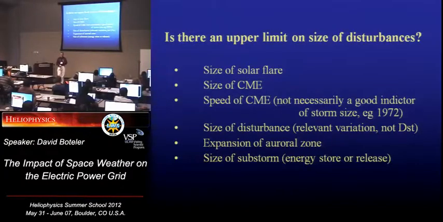And then a couple of years after the event, I saw some reports that a second storm sudden commencement had been identified. People had looked at some low latitude records. There was too much going on in the high latitude. But from some lower latitude records, they had identified a second storm sudden commencement. And that was exactly at the time of the Hydro-Quebec blackout.